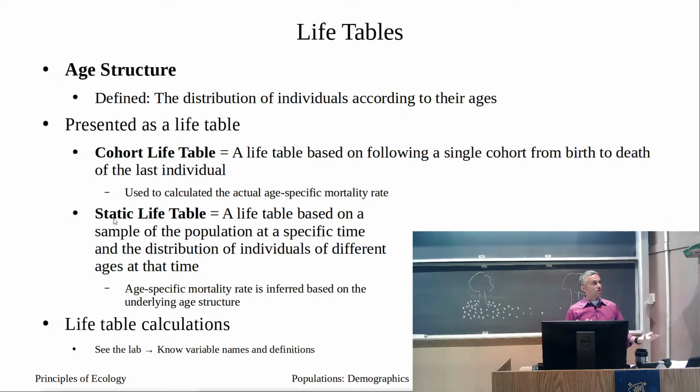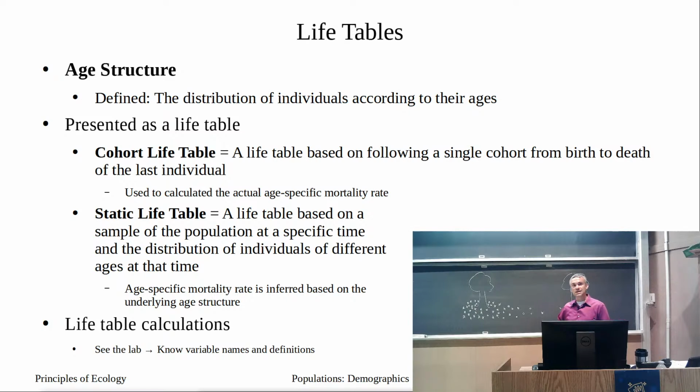The second type of table is a static life table. This will be used more for longer-lived organisms when we don't have the time, resources, or even the lifespan to record them. So with the static life table, we go out and sample a population at a specific time period. And then we make our table based on the distribution of individuals of our various ages.